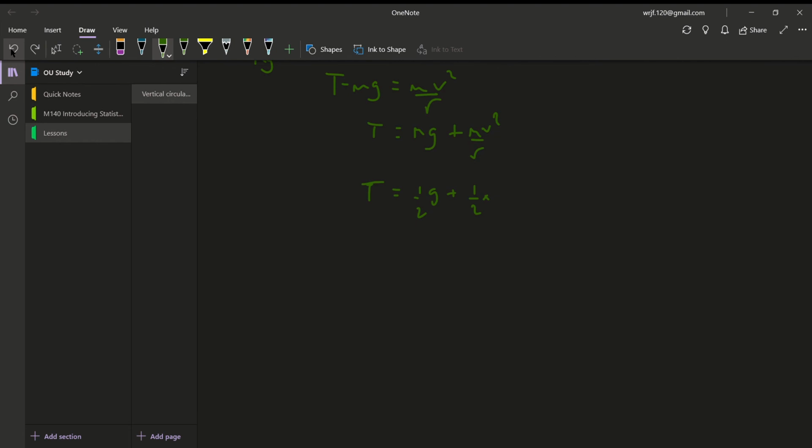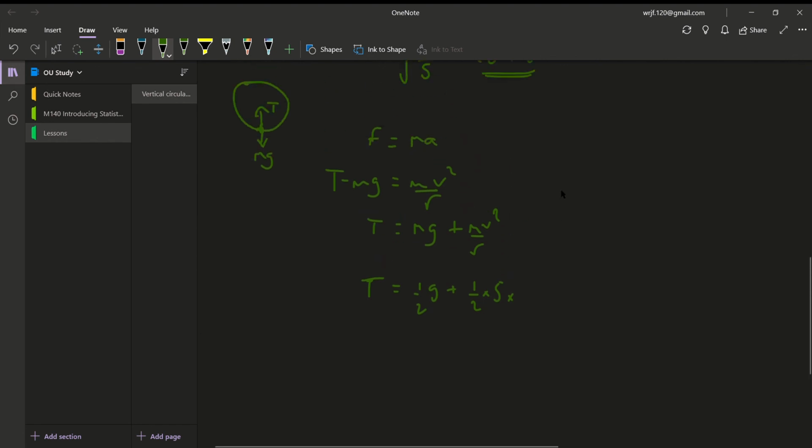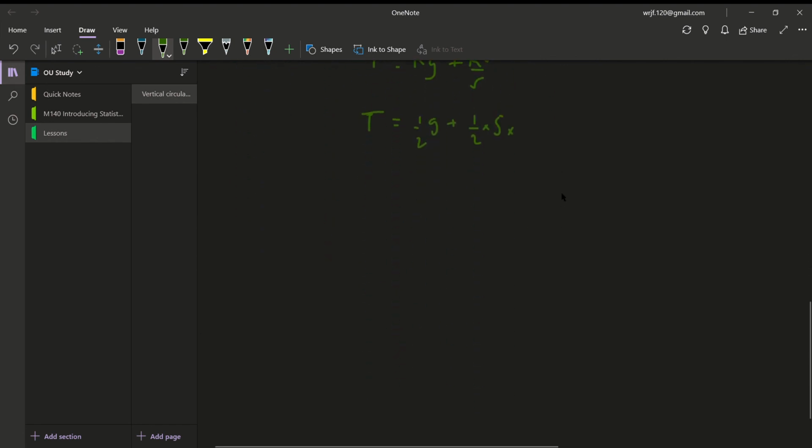So half times 5, and v squared we had up there as 4g over 5. Bit of simple cancelling out. So it gives us 2.5 g's, 5g over 2, and numerically that comes to 24.5 newtons.